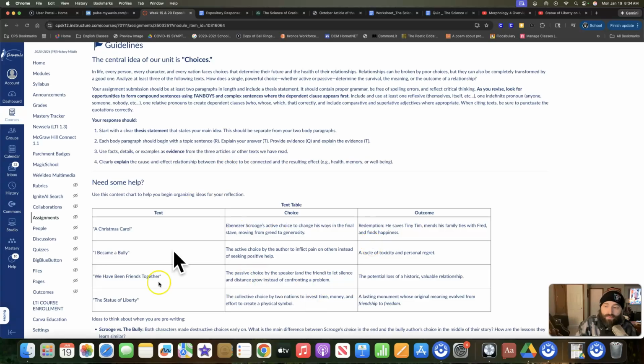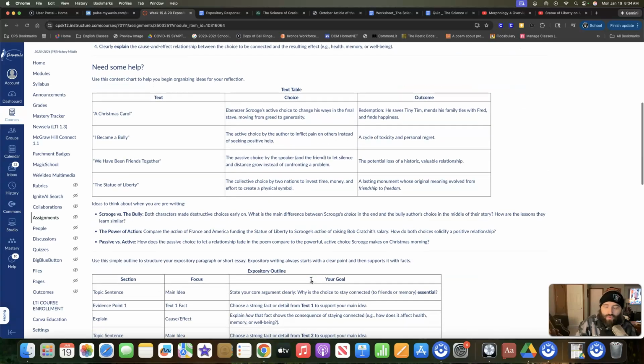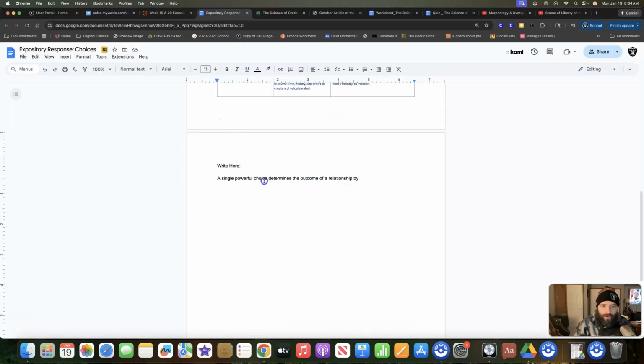Okay, but here is the chart. I would really, really be looking at this chart as you are brainstorming. So get your ideas. Here is how I would do it. Step 1: decide which 2 passages, because they're not all articles.